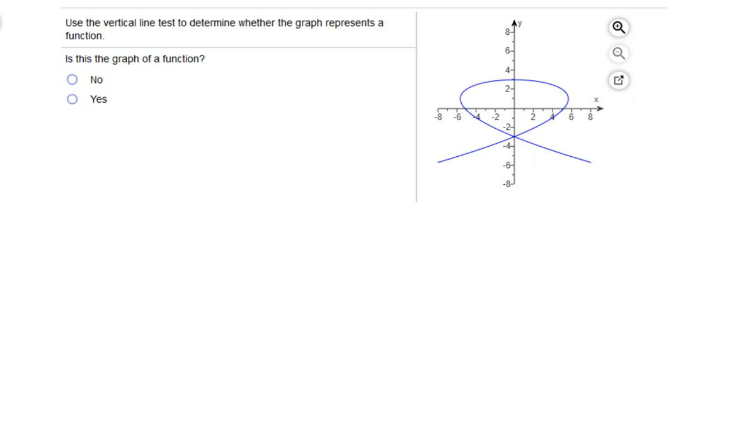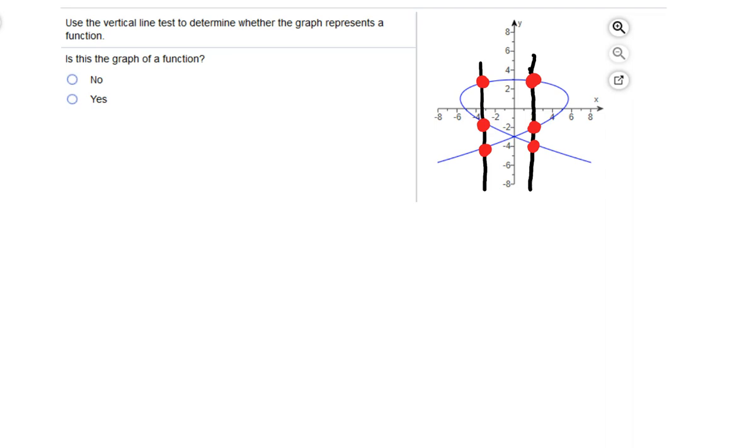You want to imagine drawing vertical lines on every part of the graph, and you're going to pay attention to how many times those vertical lines cross the graph. You notice here that I have a couple places where if I draw a vertical line, it crosses the graph in 3 places.